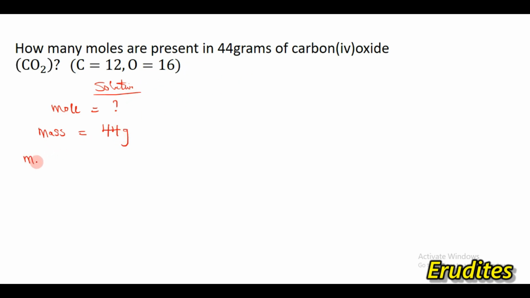Then the molar mass of carbon dioxide, CO2, will be equal to what? The relative atomic mass of carbon, C, is equal to 12. Oxygen is equal to 16 times the number of oxygen atoms that I have here, which is 2, so 16 times 2.